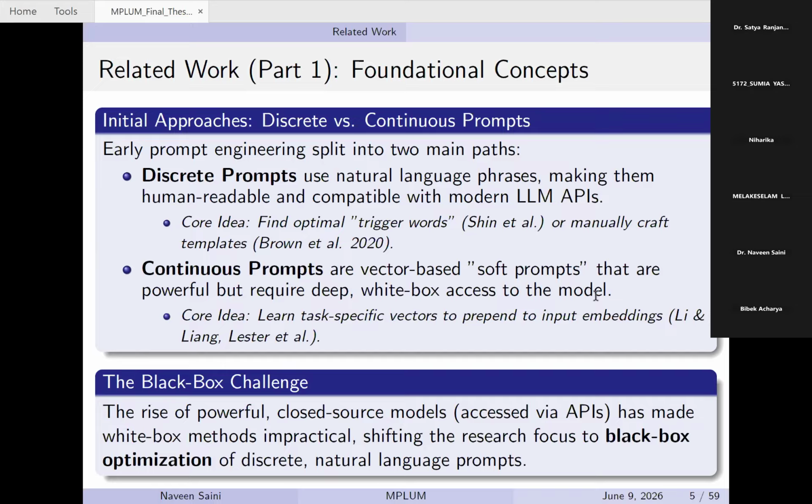For example, suppose you are passing something to GPT and getting some answer. That is just like a black box. Passing the prompt and getting the output, that is, you can say, a discrete prompt. But whenever you are going inside the LLM to see how it works, what the embeddings are, what vector is passed to the LLM, the entire thing, you can say it is a continuous prompt.